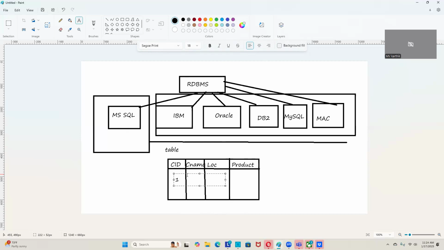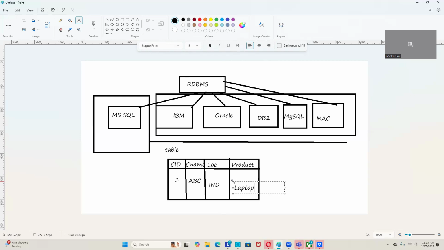So customer name is something A, so here is a customer ABC, so is a customer name. Okay, so here is the person, so who is the customer name for this one, and he belongs to India, and product belongs to laptop.